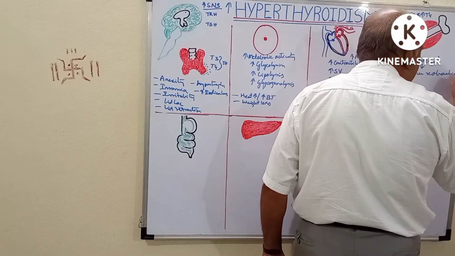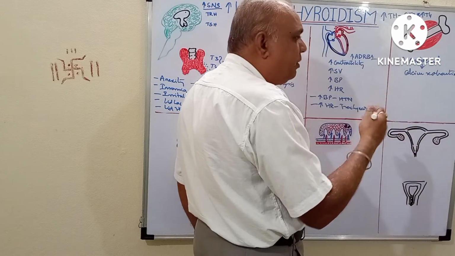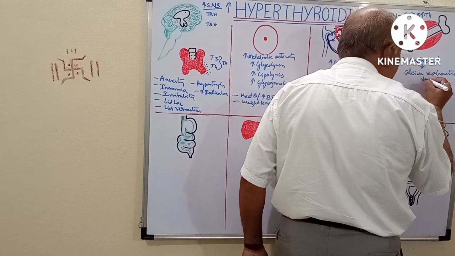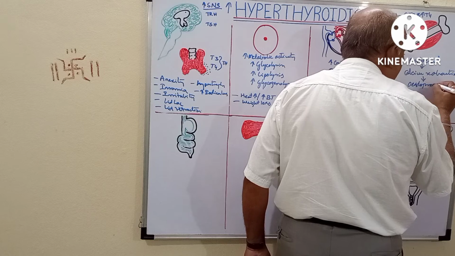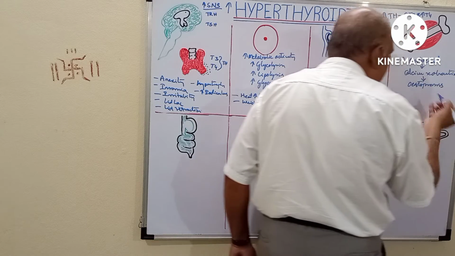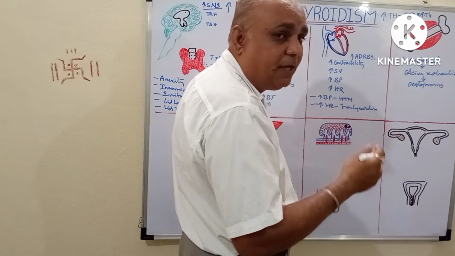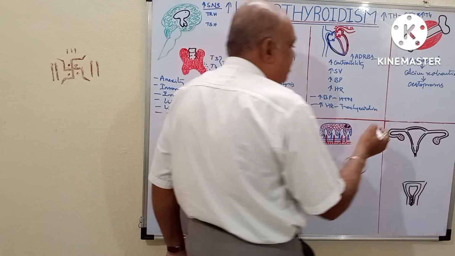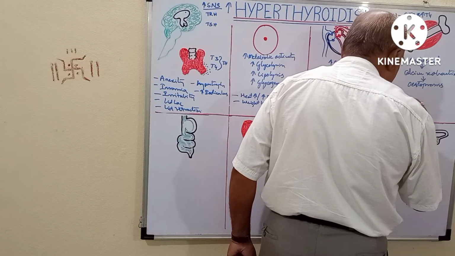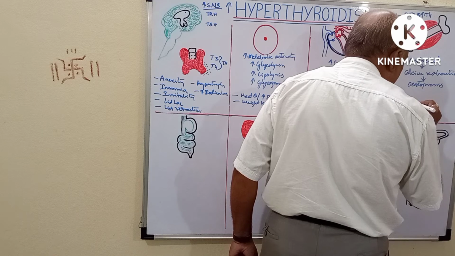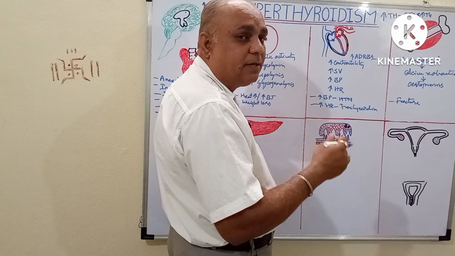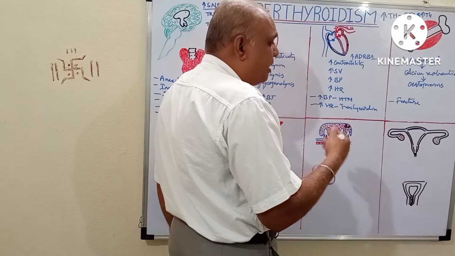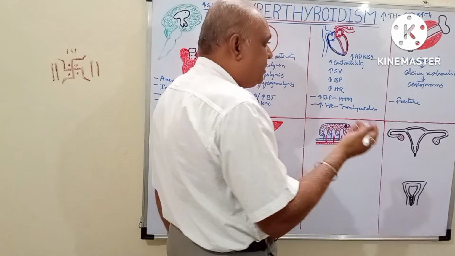When the calcium has been reabsorbed from the bone, then there is a possibility of osteoporosis. When there is osteoporosis, the possibility of fracture increases. That's the reason in hyperthyroidism, in adults or in the elderly, they complain of frequent fractures.